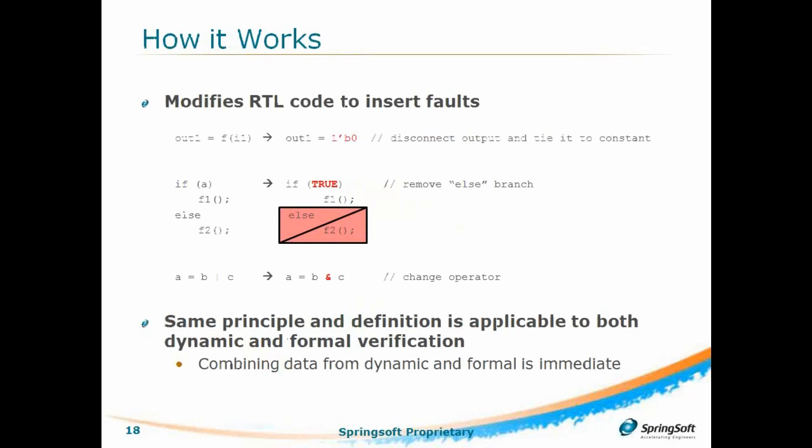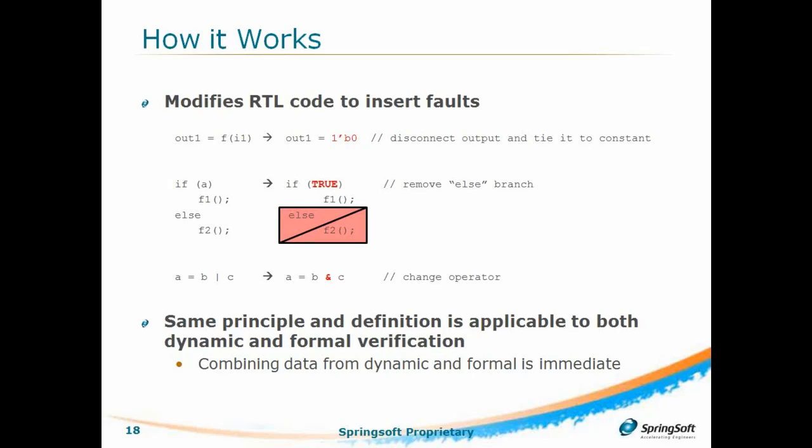So for example, for an output, you have a functionality which is connected to it. We will disconnect that functionality from the output and stick the output to 0. Same principle applies for other types of modification, like for example a condition here, where we replace that condition by a true, which leads to only exercising that functionality and completely removes that second aspect.